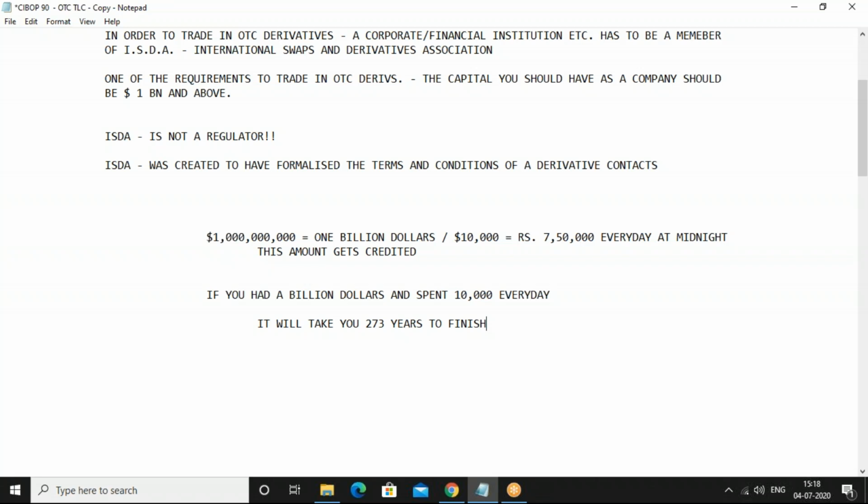Okay, but if you had $1 billion and you spent $10,000 every day, it'll take you 273 years to actually finish it. So 1 billion divided by 10,000 should get you to 273 years.